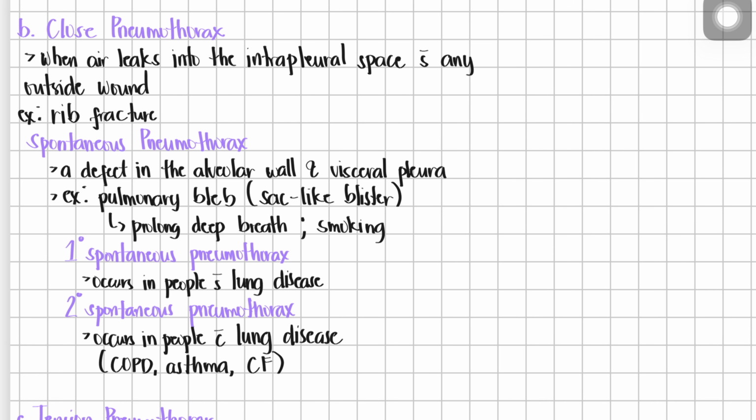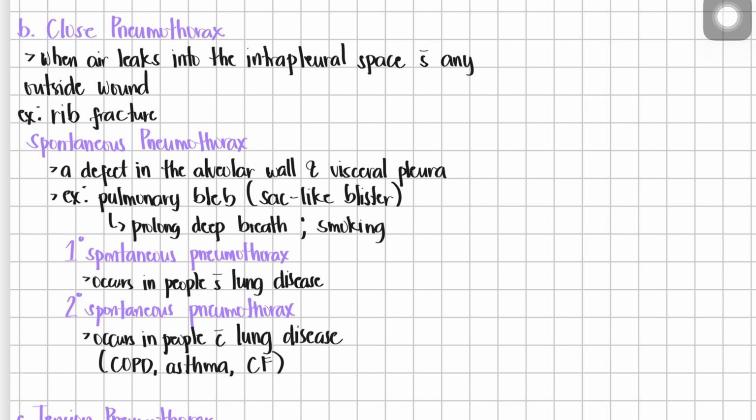Another example under closed pneumothorax is the spontaneous pneumothorax. Pag sinabi naman natin spontaneous pneumothorax, it is a defect in the alveolar wall and visceral pleura kapag nagkaroon tayo ng formation of pulmonary bleb. This pulmonary bleb is a sac-like blister na pwedeng pumutok anytime.